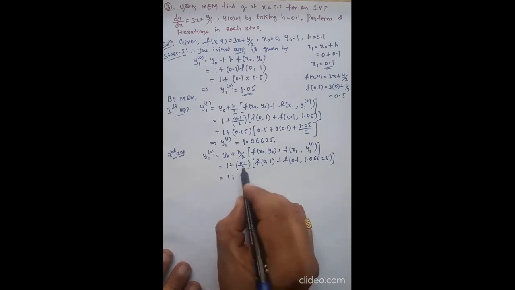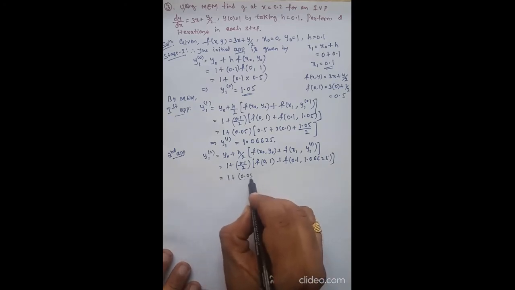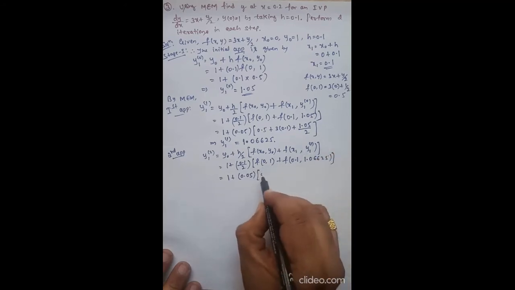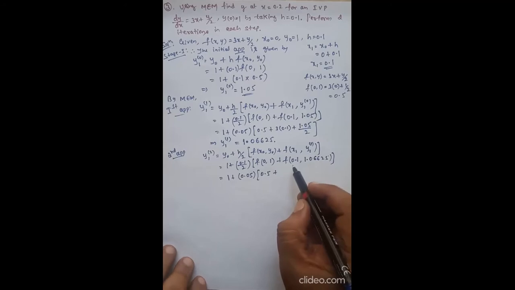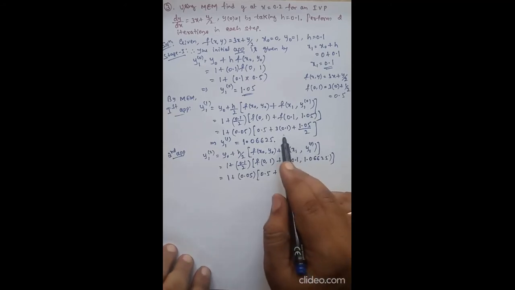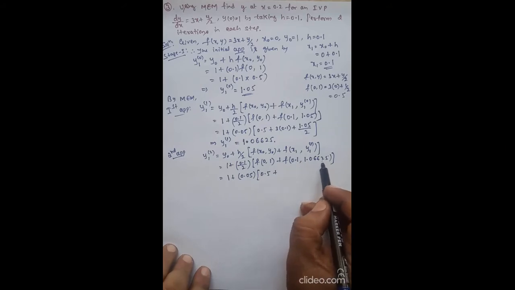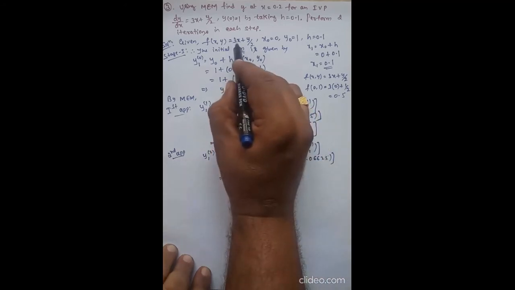This is 1 plus 0.1 by 2 is 0.05. f of 0 comma 1 already done, 0.5 plus this one. So like a last step, so f of x comma y, x is 0.1, y is 1.06625. I can substitute this in main relation.